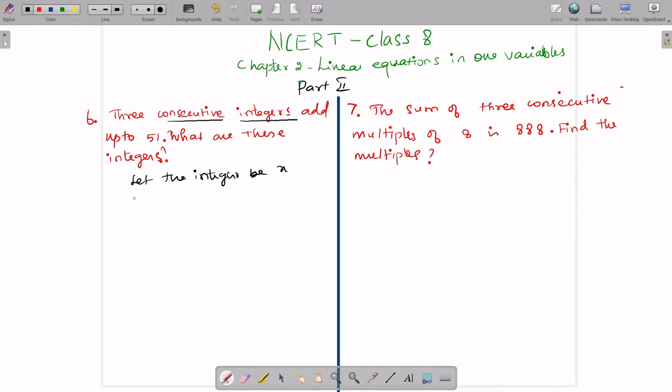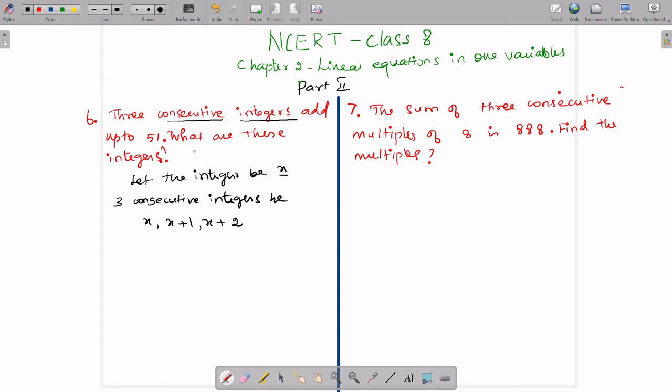So the 3 consecutive integers are x, x plus 1 and x plus 2.